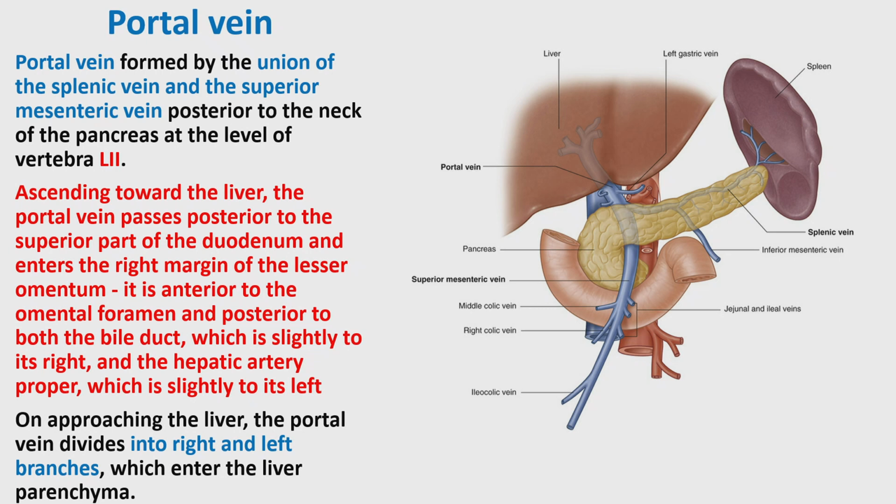You know that it gives smaller branches, and the sinusoids go toward the central vein, and the central vein collects the venous blood and goes to the hepatic vein, and from the hepatic vein to the inferior vena cava. So you know this from the liver chapter.